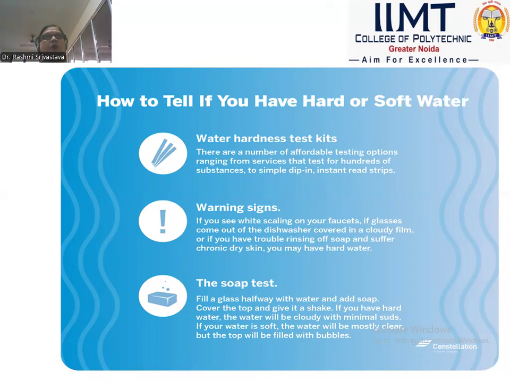Now, how to tell if you have hard or soft water? As I already defined at the start of my lecture, there are various ways to identify whether the water is hard or soft.